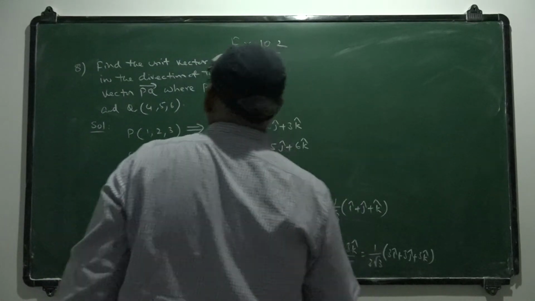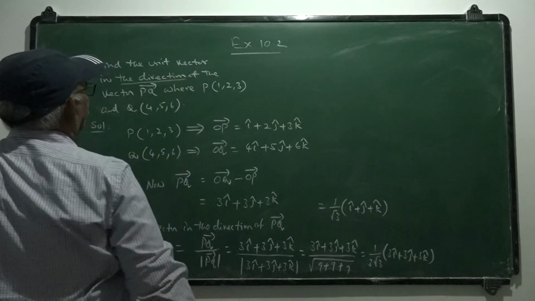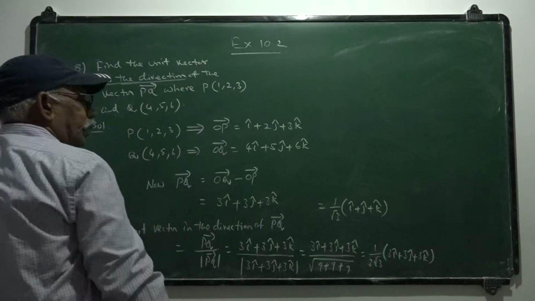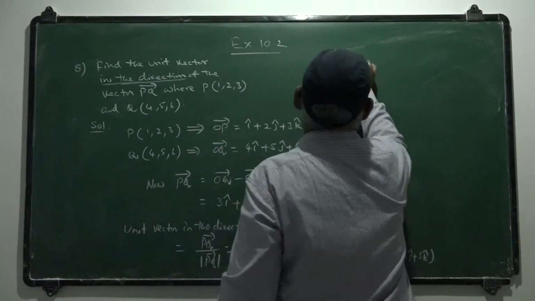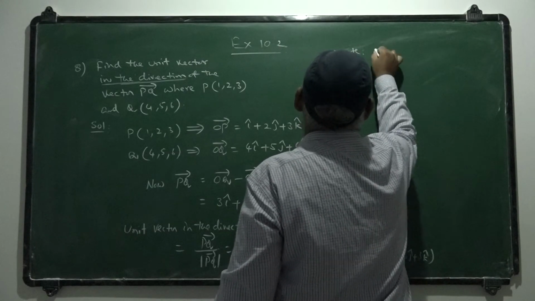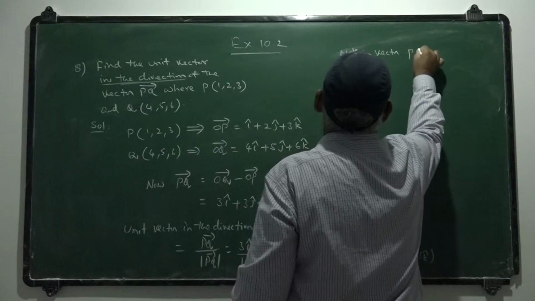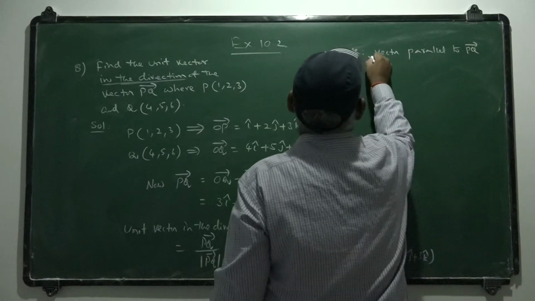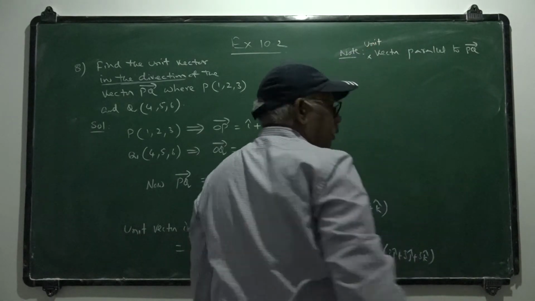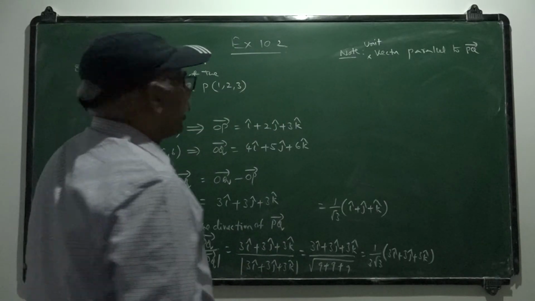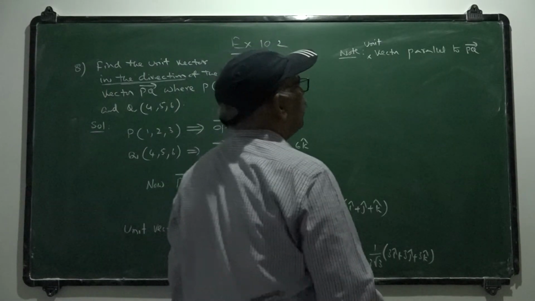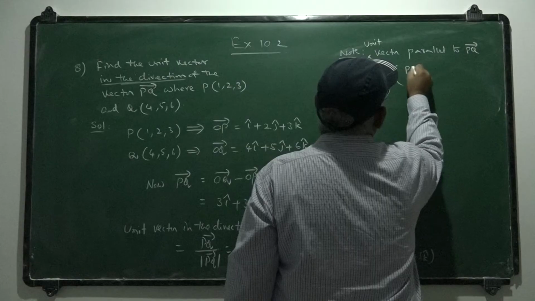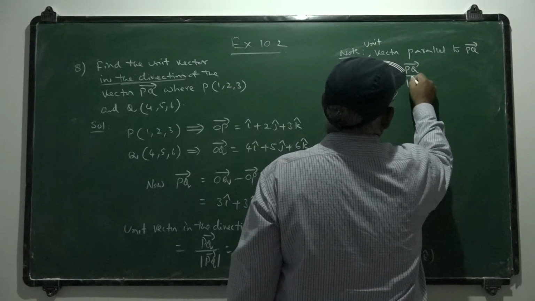Whereas in this problem, instead of the term 'in the direction of', suppose it asks to find the unit vector parallel to the vector PQ bar. In such a case, the unit vector parallel to PQ bar is equal to plus or minus PQ bar by its magnitude.